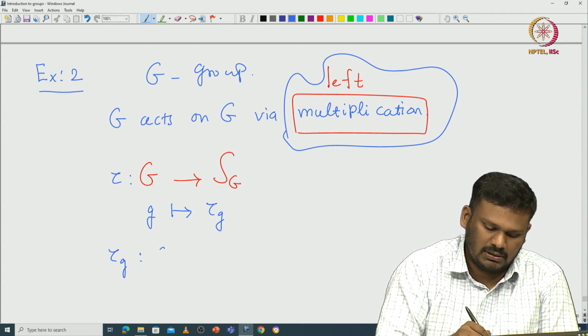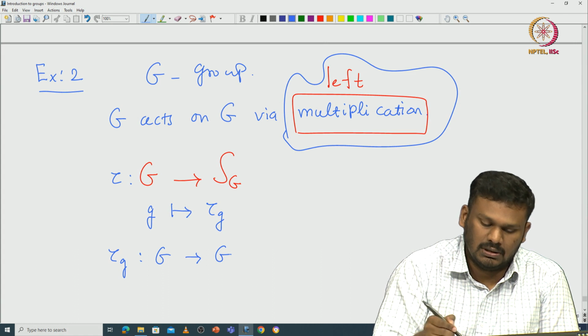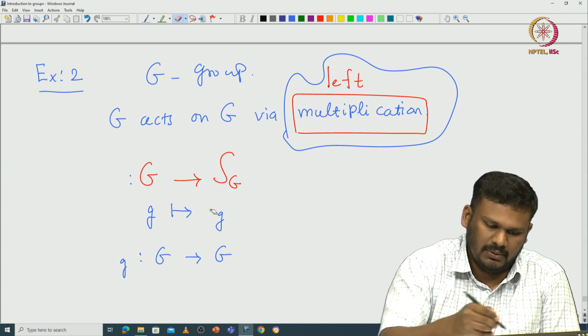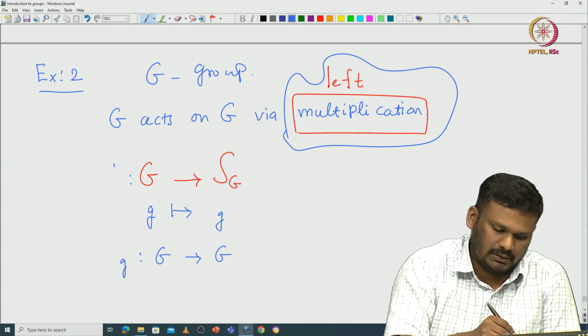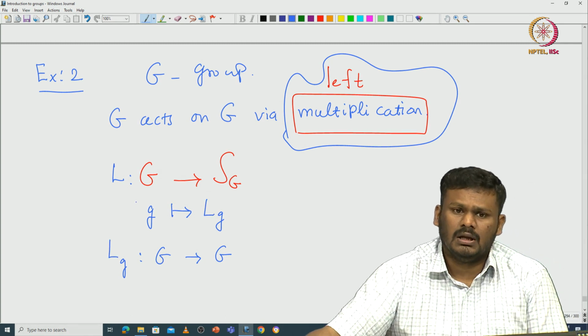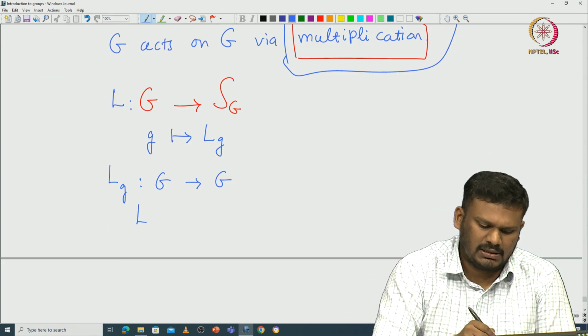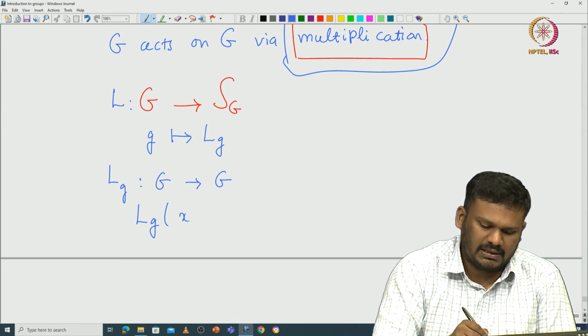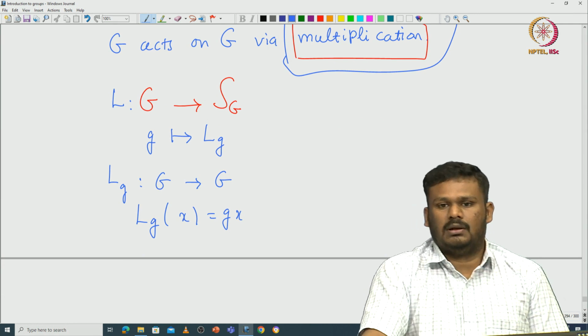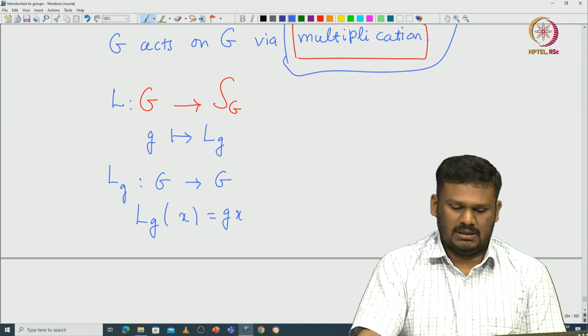So, what is tau G here? Tau G is a map from G to G. Because it is a left multiplication, I will rename this and call it capital L. So, this is the left multiplication. How does LG act? LG of some x is given by just Gx. It is the usual multiplication of group elements.